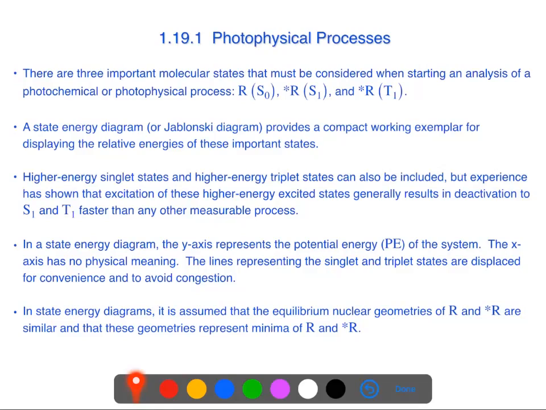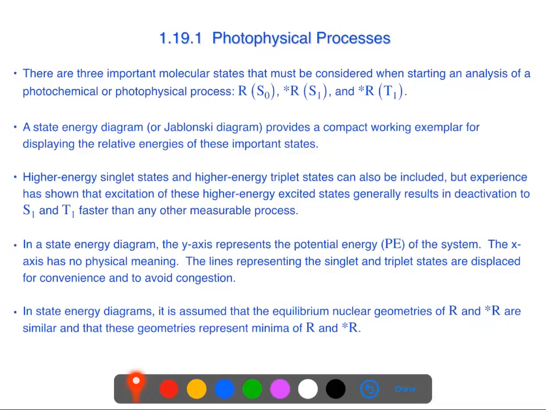Higher energy singlet states and higher energy triplet states can also be included, but experimental experience has shown that excitation of these higher energy excited states generally results in deactivation to S1 and T1 faster than any other measurable process. In a state energy diagram, the y-axis represents the potential energy of the system.